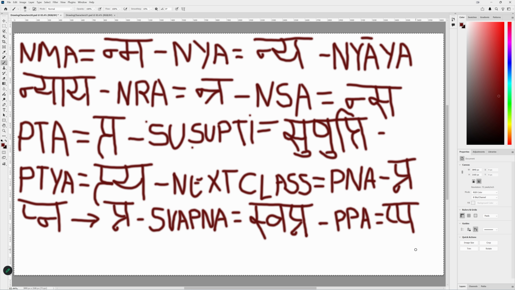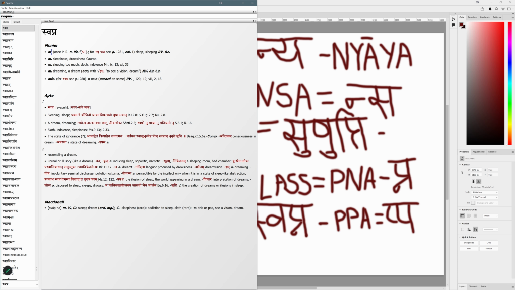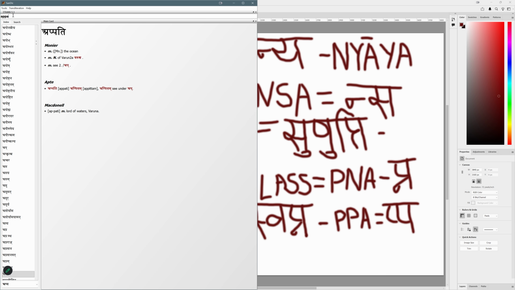So, well, we'll have to find, maybe there is the word appa in Sanskrit. Not father, but maybe another meaning. No, appati. Appati, the ocean. Okay, we can use this.